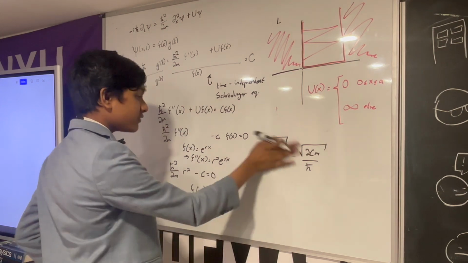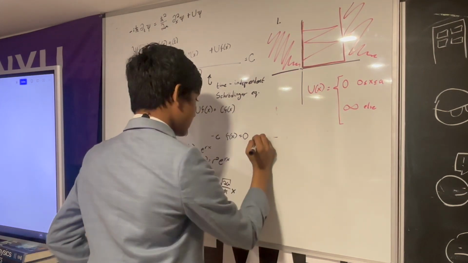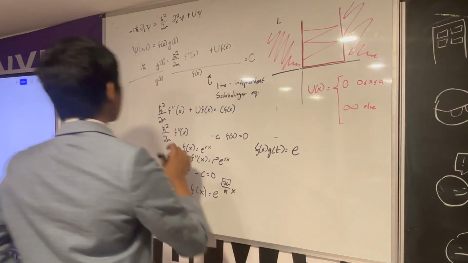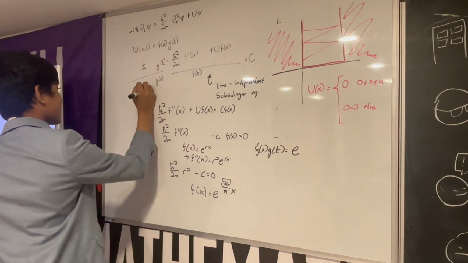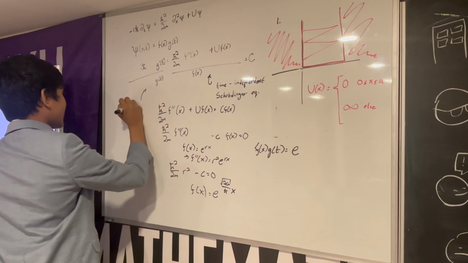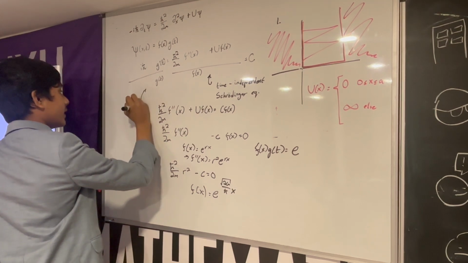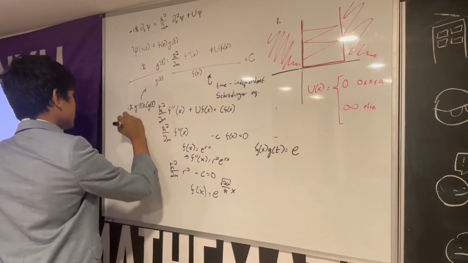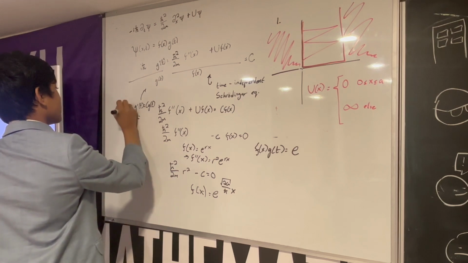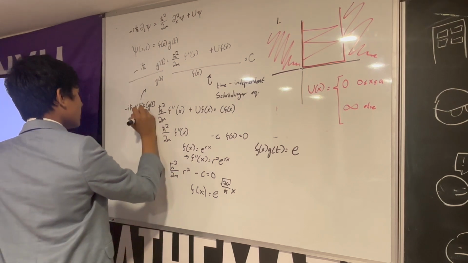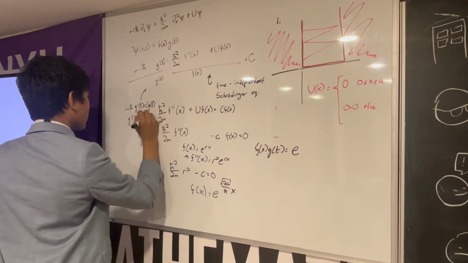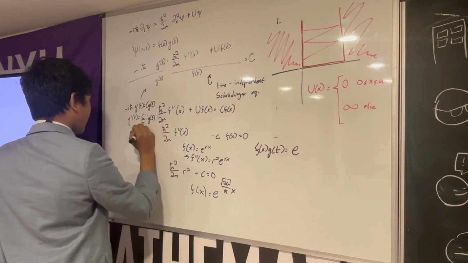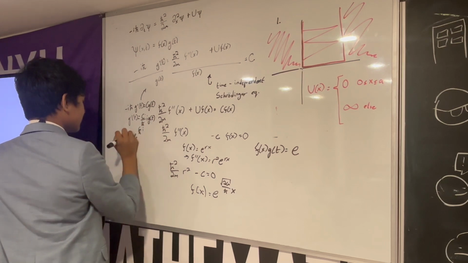Which means the final wave function is f of x g of t. Well, what was the solution to this original equation? We take the same sort of ansatz, g prime of t is equal to c g of t, and so g prime of t is equal to minus c over h bar i g of t, and so we have e to the c over h bar i t.